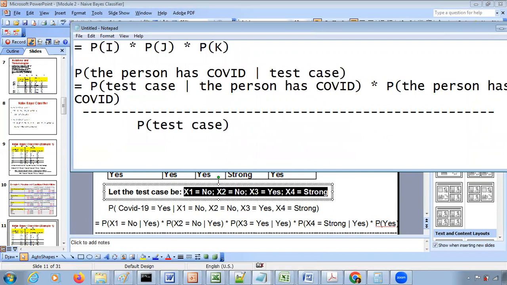Now the test case is actually the combination of these 4 feature values.